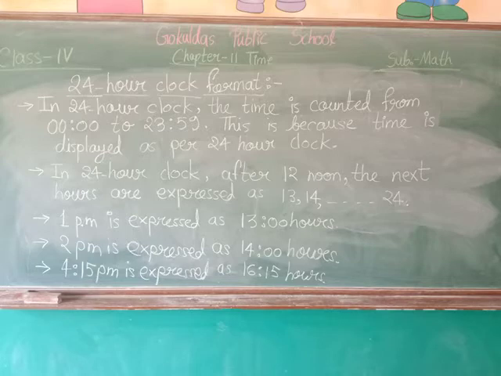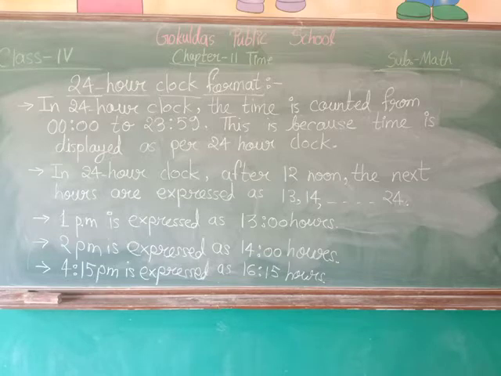In 24-hour clock, the time is counted from 0 to 24. This is because the time is displayed as per 24-hour clock. In 24-hour clock, after 12 noon, the next hours are expressed as 13, 14, 15 and so on.